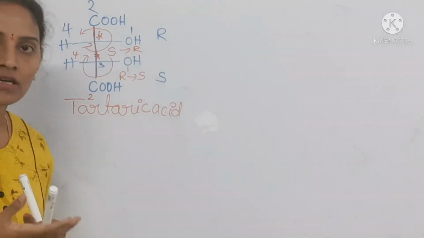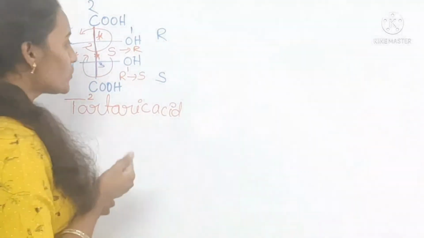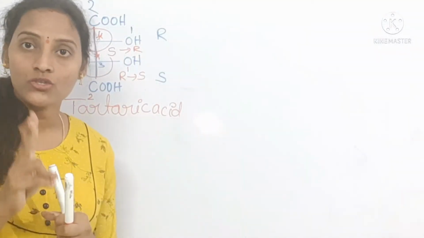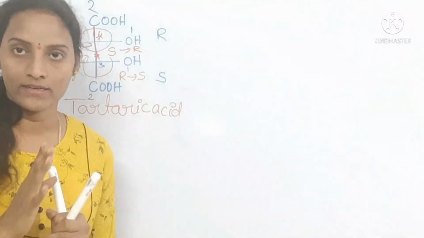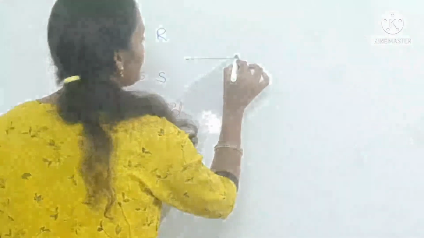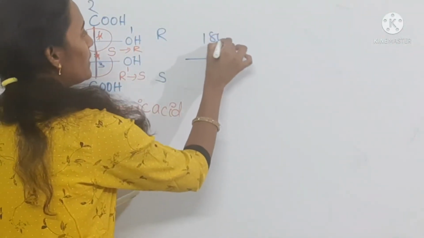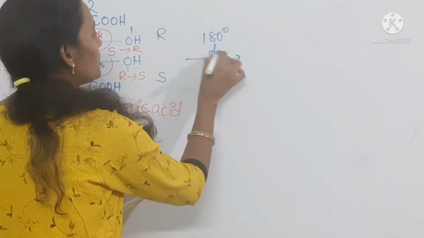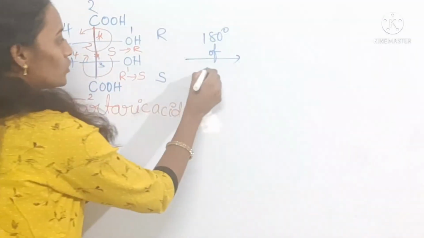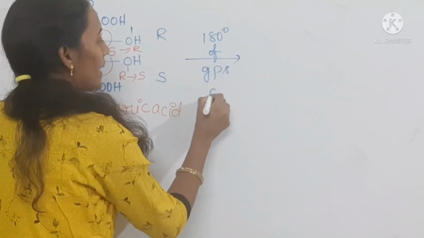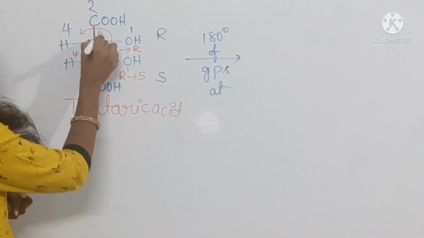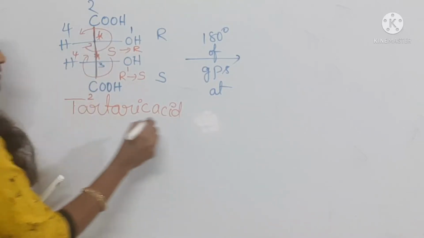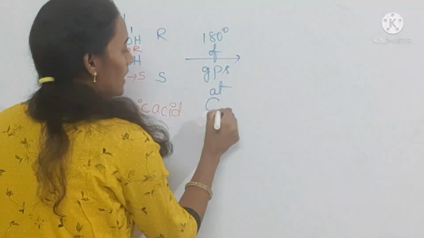So what is the next duty here? We need to exchange any two groups present on any one chiral center. Just observe once. A 180 degrees rotation of the groups at the second carbon, that is the first chiral center at C2.